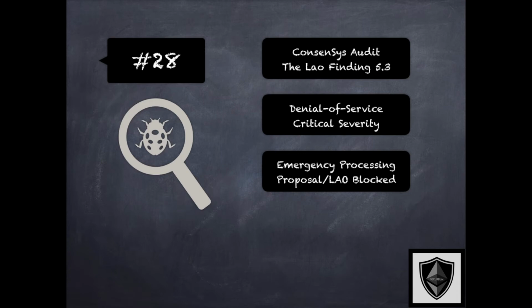The problem was that there was still a deposit transfer back to the sponsor, and that could potentially be blocked too. So if that were to happen, the proposal couldn't be processed and the LAO would be blocked.